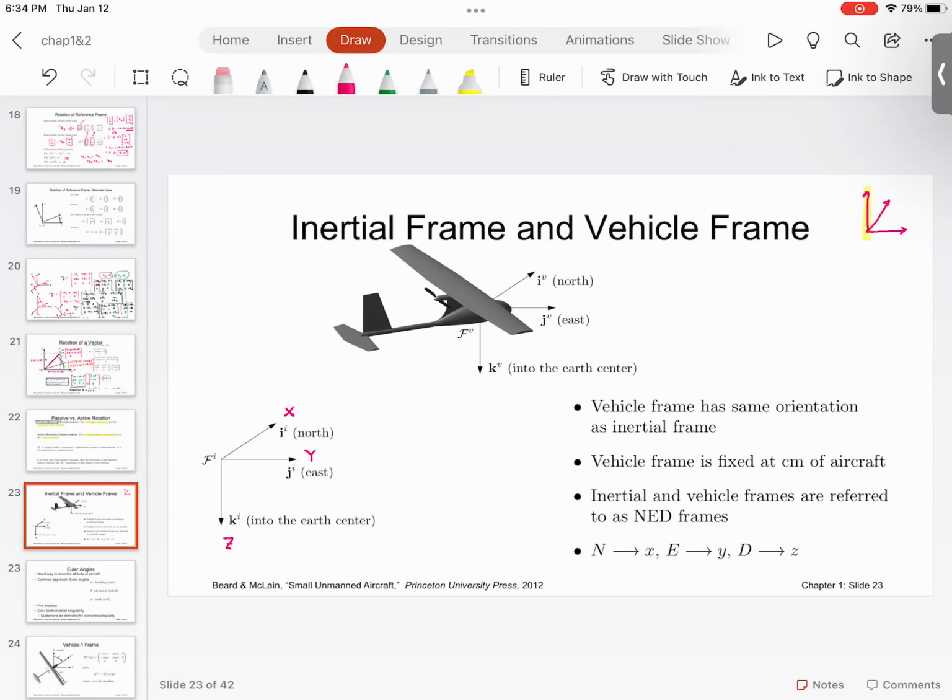The nose of the aircraft will always be around north. So what it means is, if you have this aircraft, I'm going to draw this aircraft. For this aircraft, this is going to be north. This is going to be east.